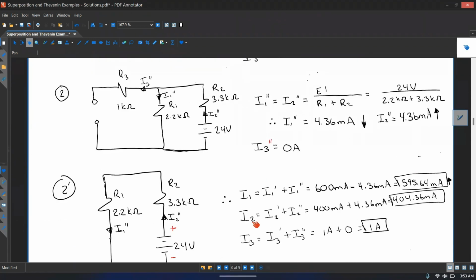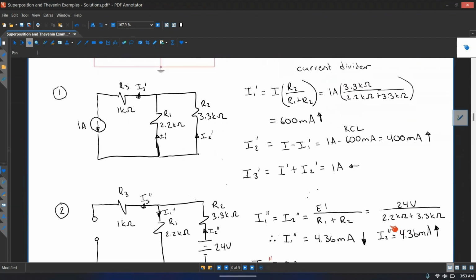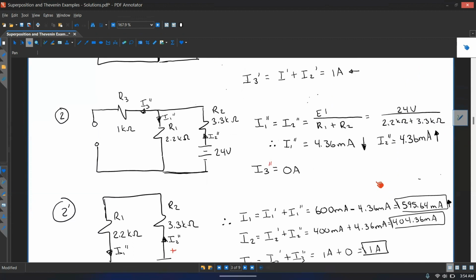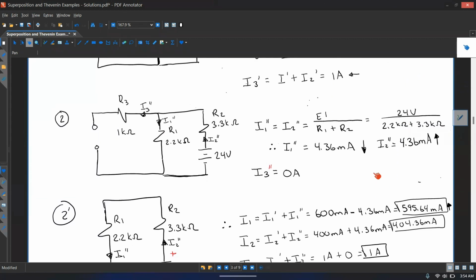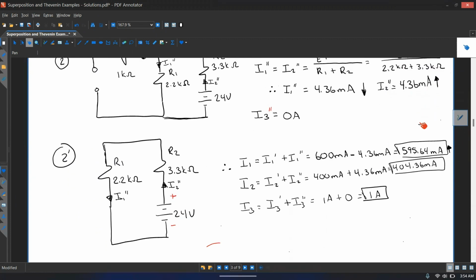All right, so now what about I2? So I2 equals I2 prime plus I2 double prime. All right, so I2 prime is 400 milliamps flowing up. I2 double prime is 4.36 milliamps flowing up. So therefore, they're flowing in the same direction, so we're just going to add them together.